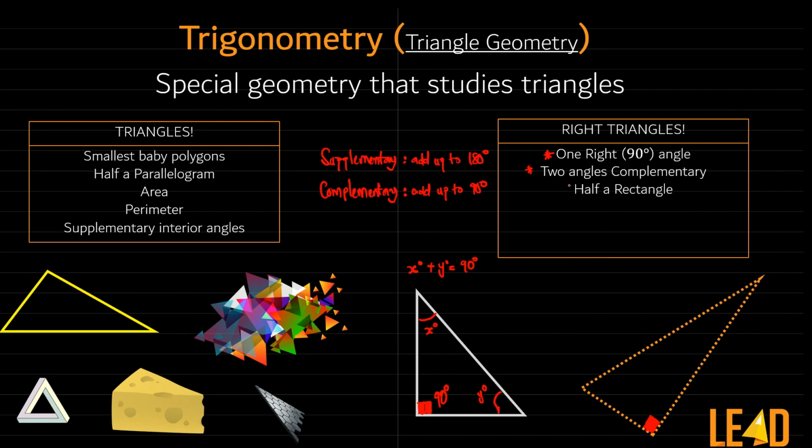The next property is that a right triangle is half a rectangle. If I play the same trick I played on this yellow triangle on the right triangles, I would get rectangles. If I flip this and put it on this side, I would have this. Perfect.